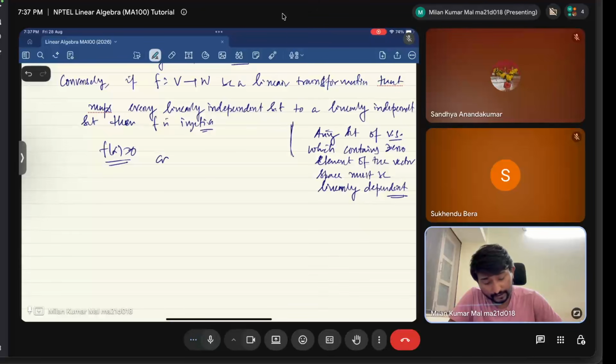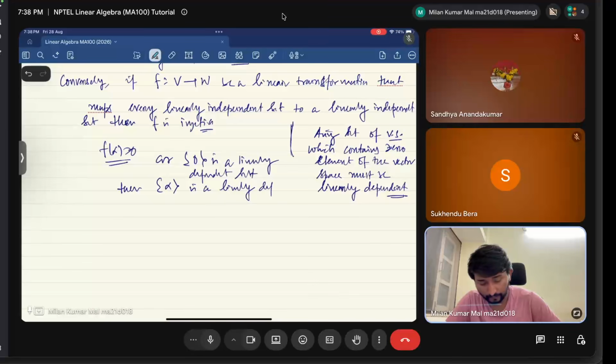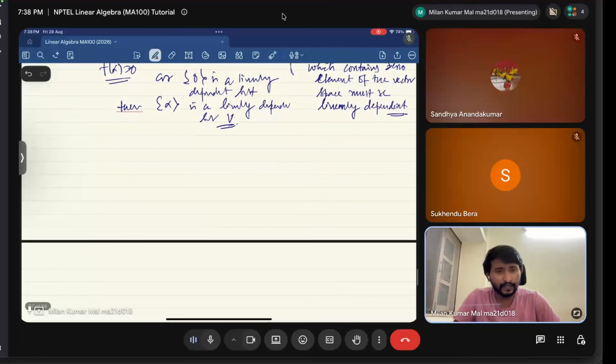So now as 0 is a linearly dependent set, then the vector alpha itself is a linearly dependent set in the vector space V. But a singleton set is linearly dependent only when the vector itself is zero, that is, alpha equals zero.